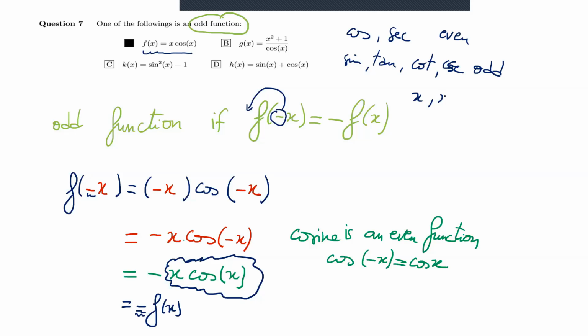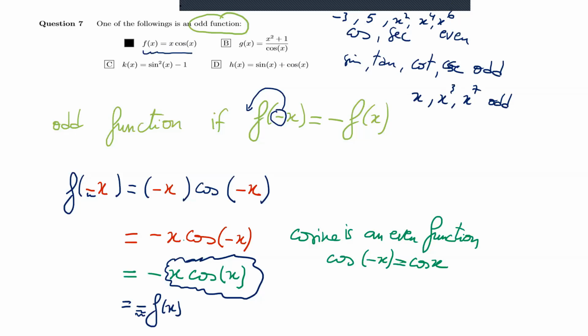So x, x cubed, x7, all these are odd. Polynomial or monomial with even power are even. So x squared, x4, x6, constant, so 5, minus 3. All these are even functions.